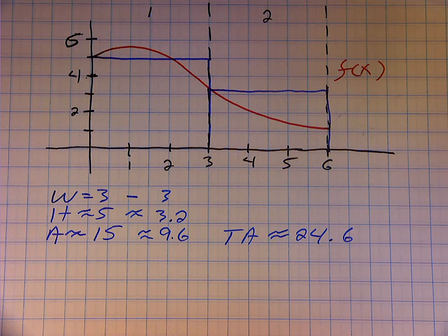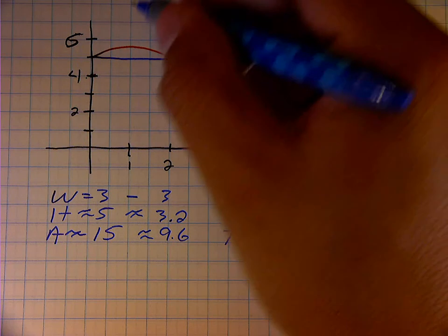I'm going to stick with the left-hand sum technique for a little bit. Now, instead of having two rectangles, I'm going to convert to having 6 rectangles.